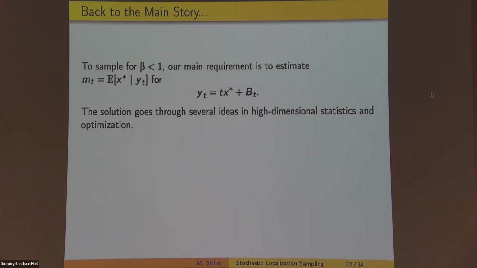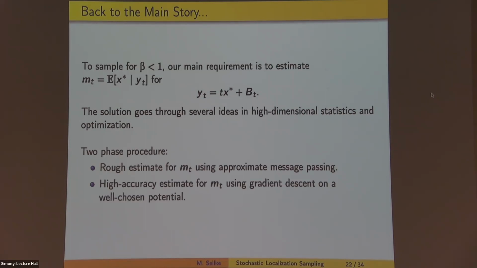The solution involves a few ideas. There's a two-phase procedure. I'll run through these so you can see roughly how it works. The first stage is a rough estimate using approximate message passing. And then for technical reasons, we need to refine it to a higher accuracy estimate.